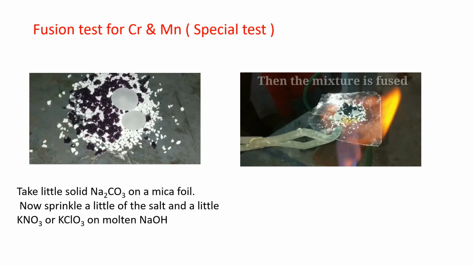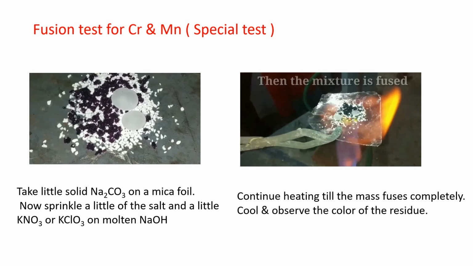Now you have to heat this mica foil strongly till it is fused. Continue heating till the mass fuses completely. Then you cool and observe the color of the residue.